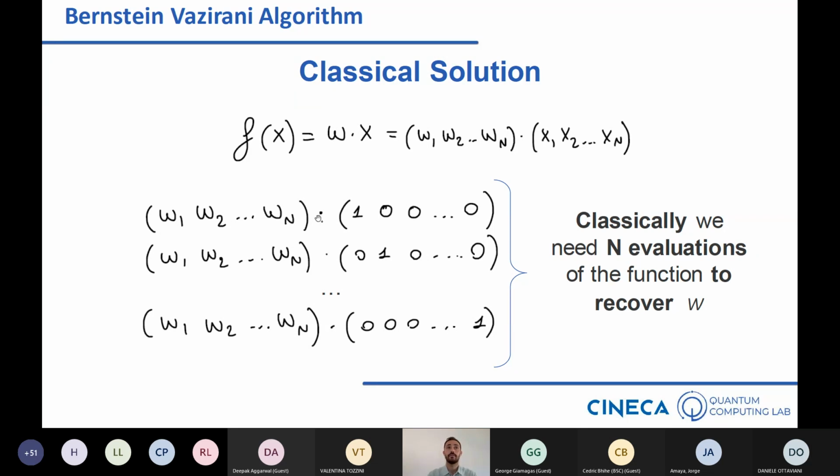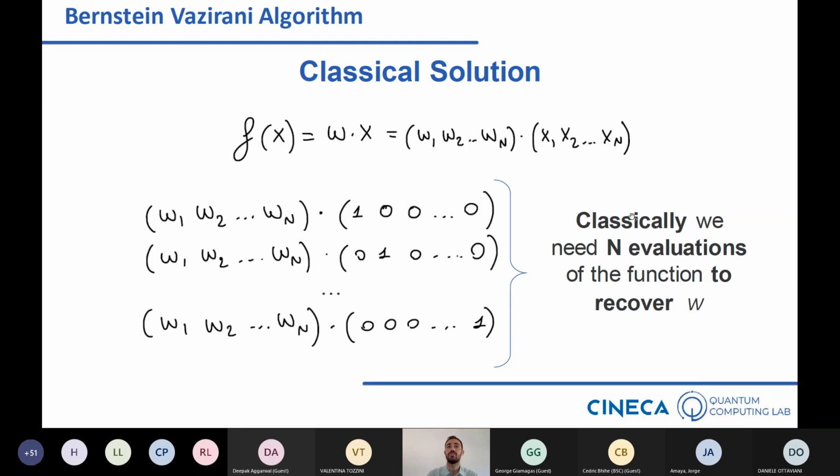Because when you multiply this input with omega, for example, the first one returns the first element. If omega 1 is 1, then the output is 1. Otherwise, if omega 1 is 0, the output will be 0.